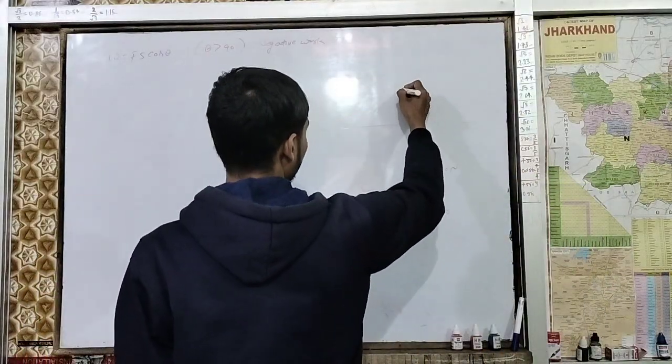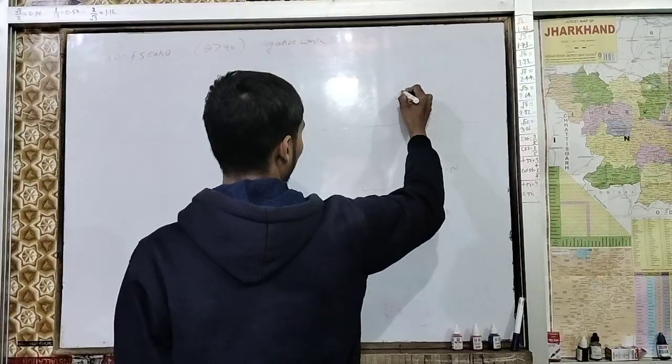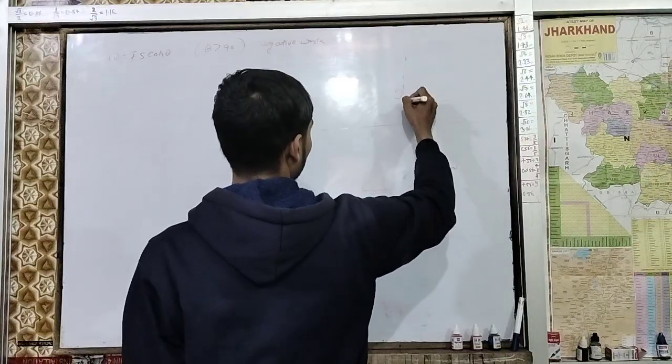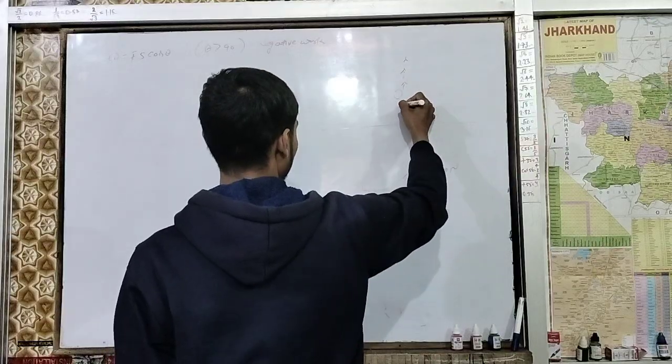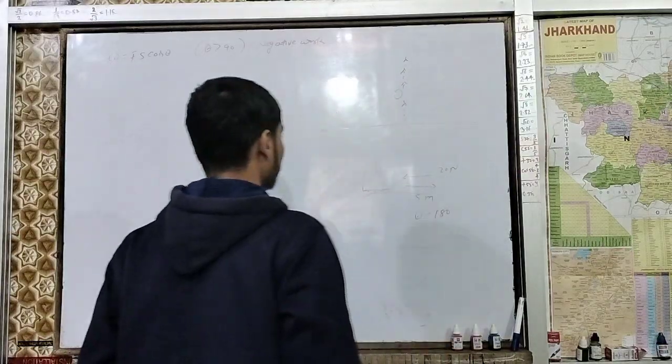One example: this ball is going upward, from downward to upward, like this. What do you think?